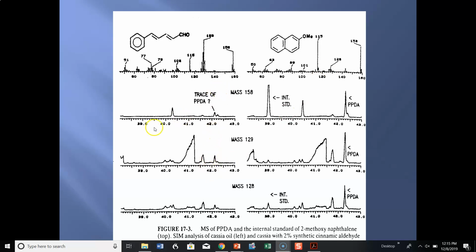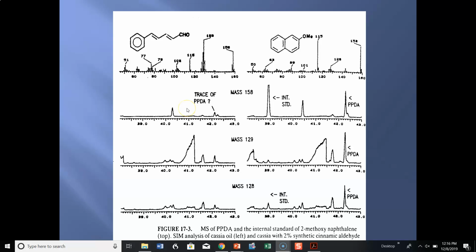And so if we do injection gas chromatography, monitoring mass 158, for example, we see there's a tiny peak on the left-hand side. If we look over at the right-hand side, we can see a larger peak. The right-hand side is a synthetic material.